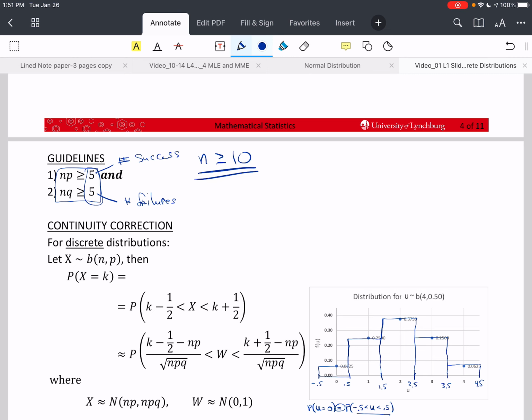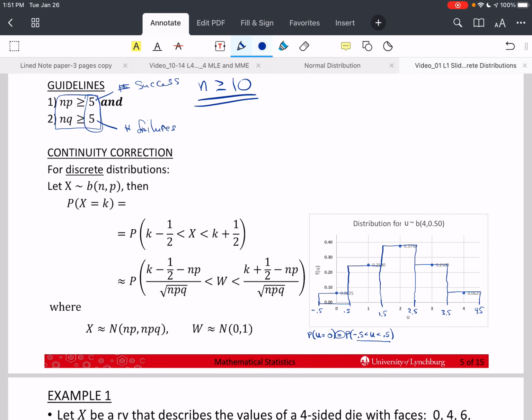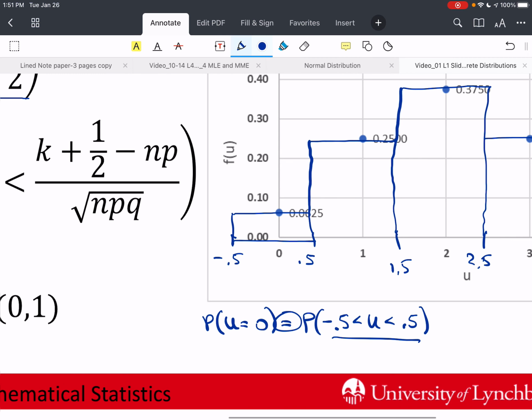Okay, so the continuity correction for discrete distributions, we're going to let X be a binomial distribution here with n and p. Then, as I said, the probability that X is equal to k is the probability that X is between k minus a half and k plus a half. So if we look here, if k is equal to 0, then 0 minus a half is minus 1/2, and 0 plus a half is plus a half.